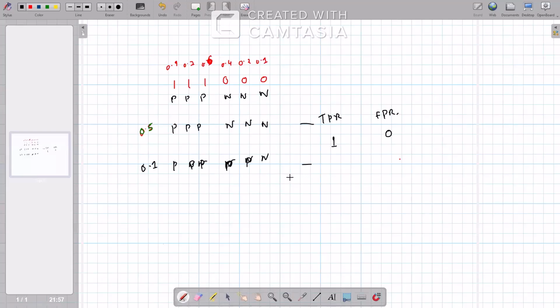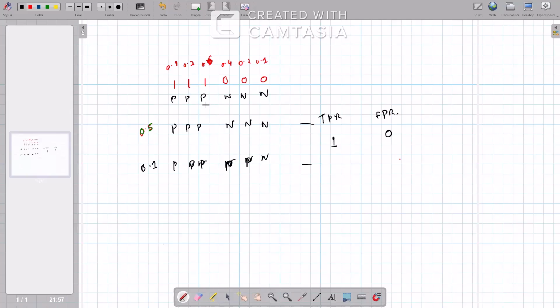So what is the true positive rate here? Among the actual positives, how many of them are actually predicted as positive? Three are actually true positives.